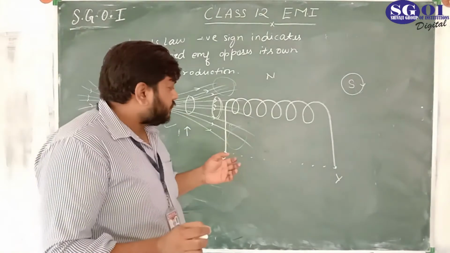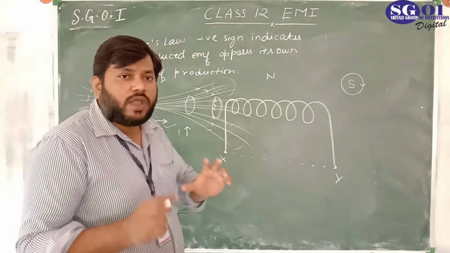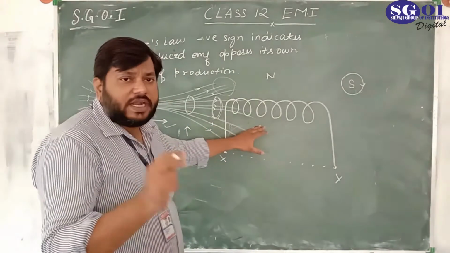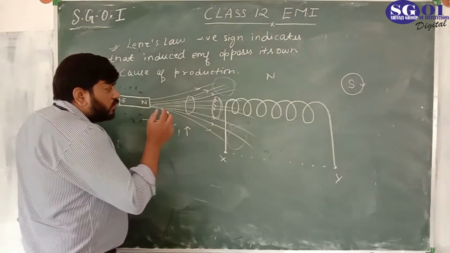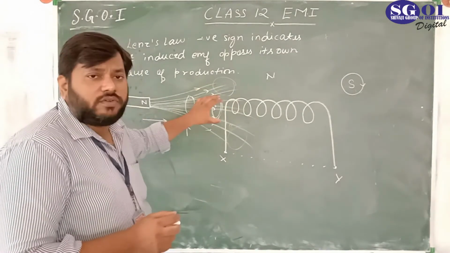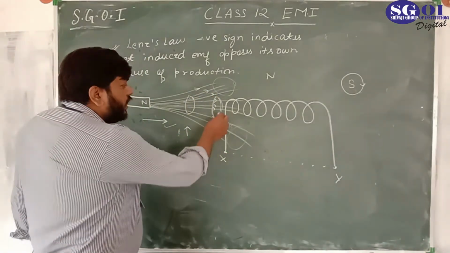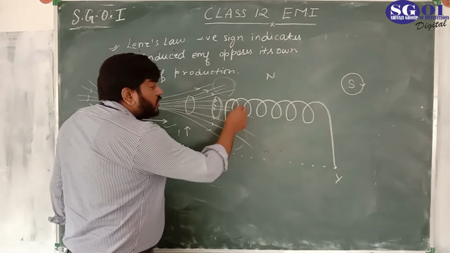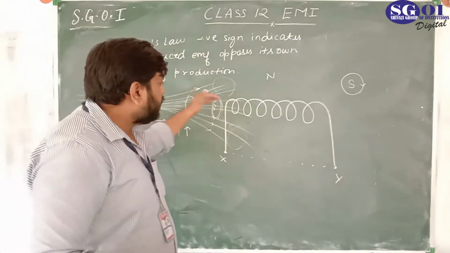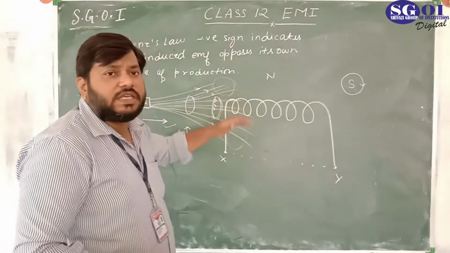Now, what is the cause of production of induced voltage in this case? You have to pay attention, and at this point you have to search for the cause of production of induced voltage. So induced voltage is produced because the flux is increasing. The number of lines linking with this coil is increasing.